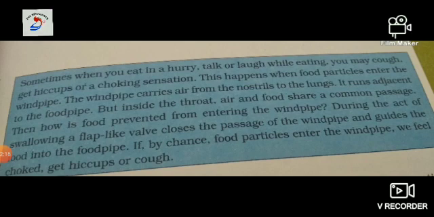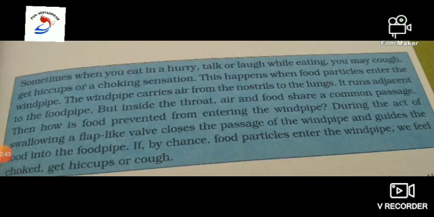What happens while we talk during eating? Food particles enter the windpipe. The windpipe carries air from the nostrils to the lungs. It runs adjacent to the food pipe because the windpipe and food pipe share a common passage. So, if we laugh, the food will go into the windpipe.